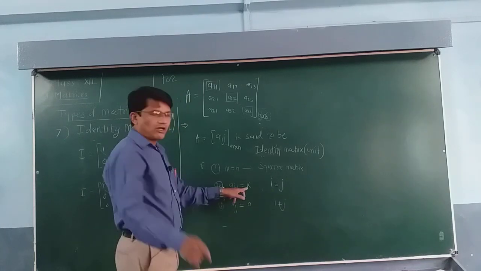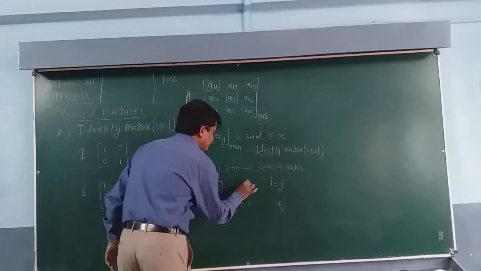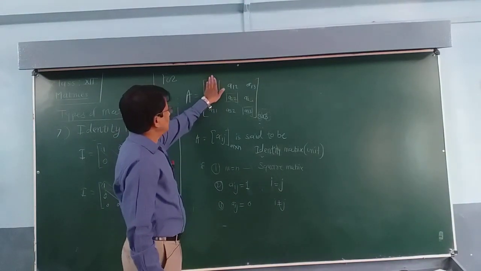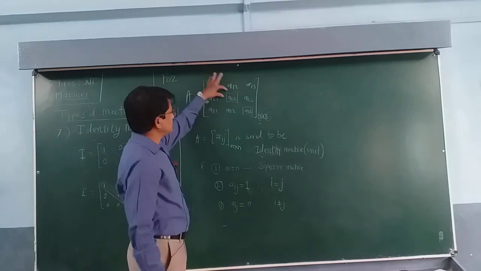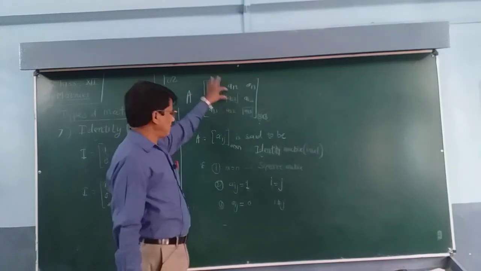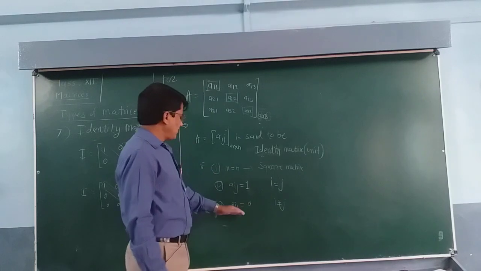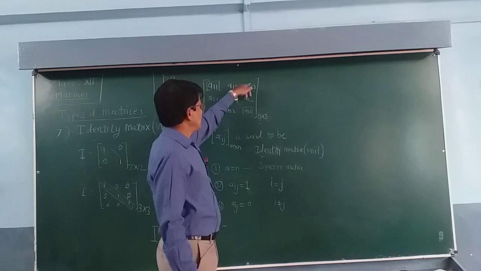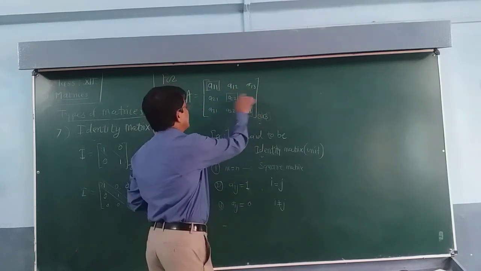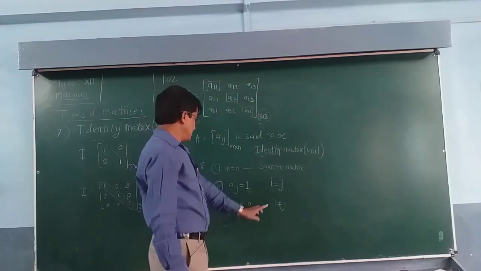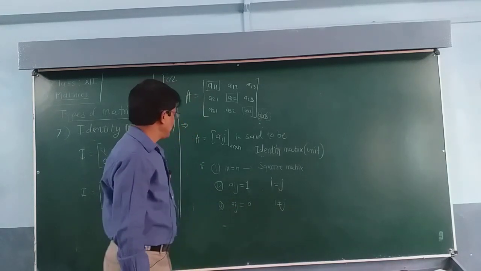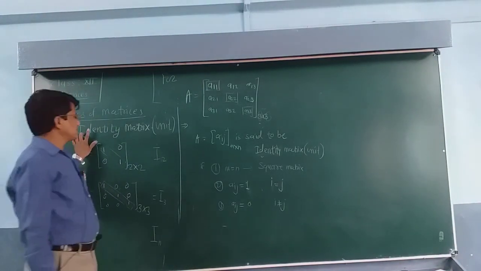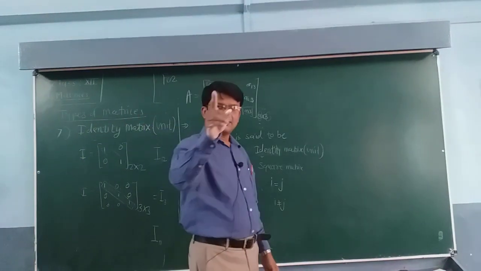All the elements, instead of k, have k equal to 1. That means at the diagonal positions, for i equal to j, the elements are 1, and for the other elements, where i is not equal to j, all the elements should be 0. So this is the general definition of an identity matrix, or unit matrix.